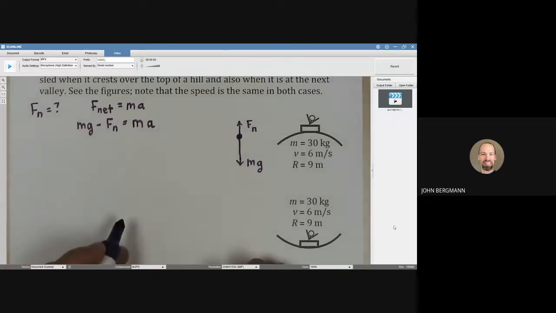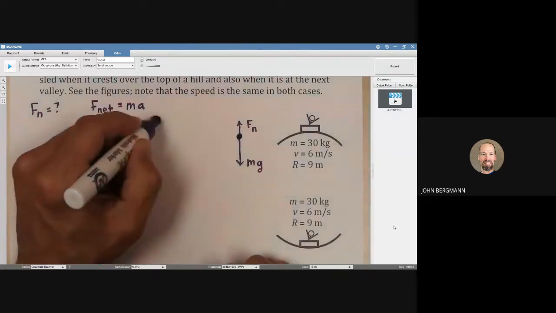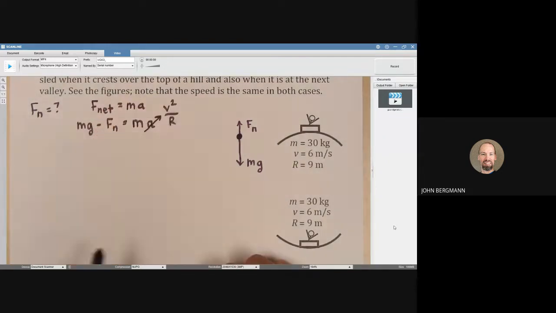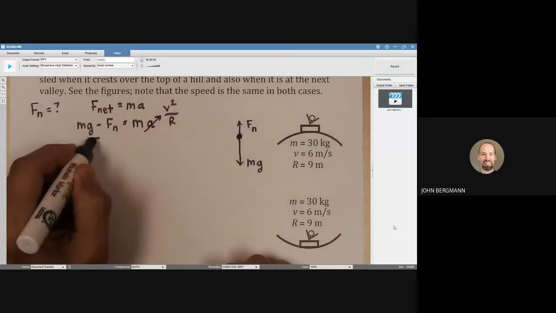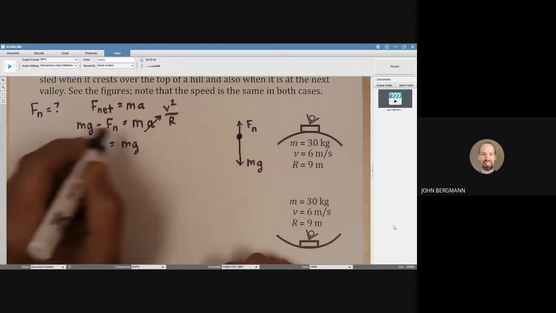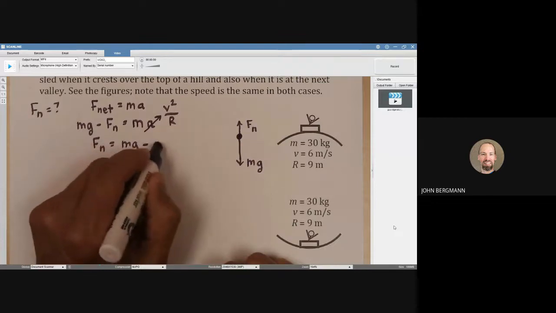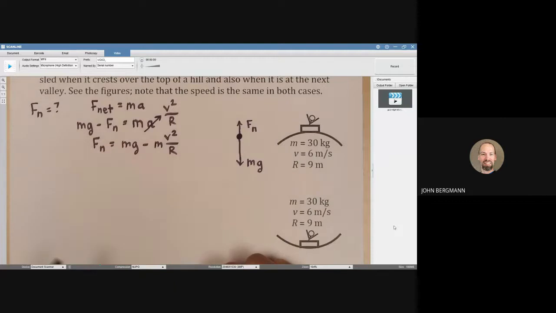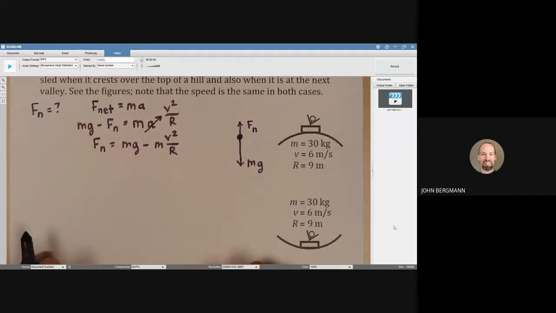In a case of uniform circular motion, that acceleration is always equal to v squared divided by r, which means that the normal force is mg minus mv squared over r. We could factor out an m if we wanted to, but here we have numbers.